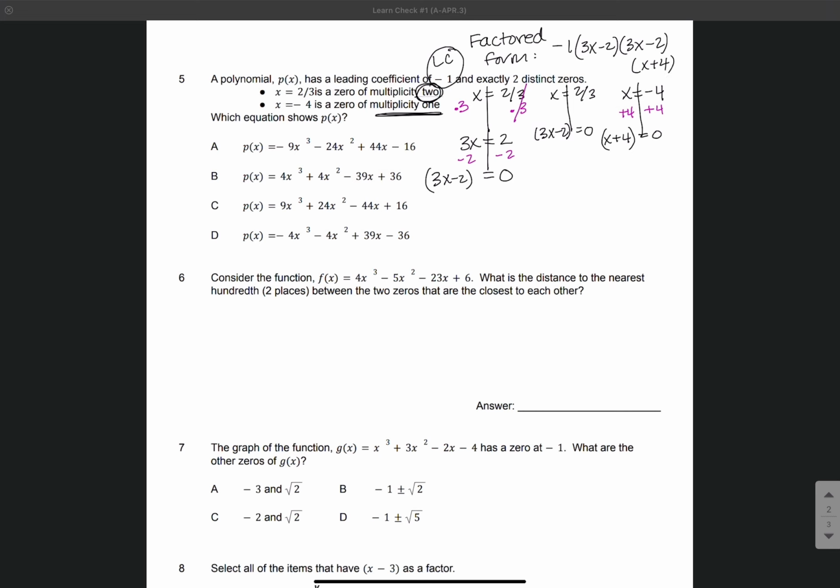Okay, so notice your leading coefficient in the front, and then I've got my 3 sets of parentheses, and we can go ahead and start to multiply these together. I'm going to first multiply my 3x minus 2 times 3x minus 2 first. So I'm going to go ahead and do that down here.